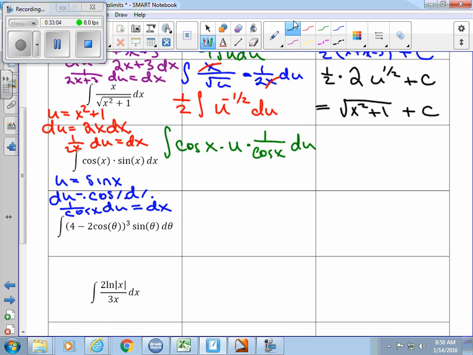And some of you are probably looking at this going, I can see how you could have done some of that in your head, maybe as far as canceling out the cosines. But for now, we're going to show everything. So I get the integral of u du.